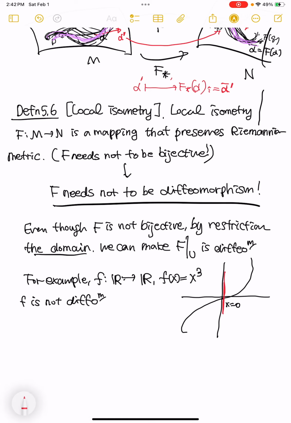If we consider the inverse function, it is defined like this.